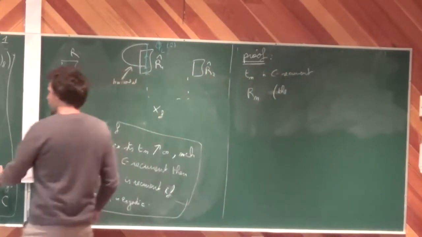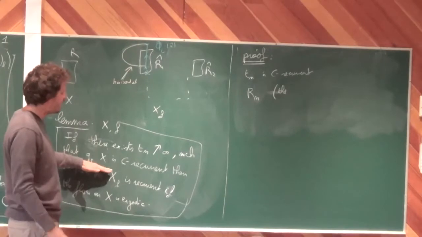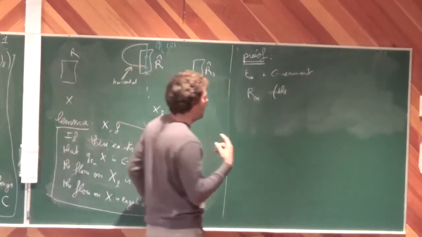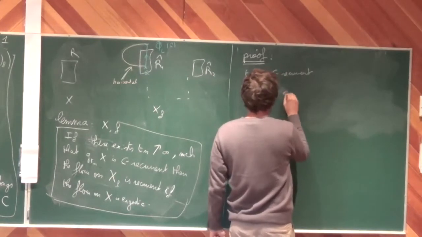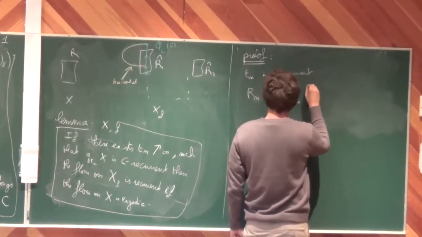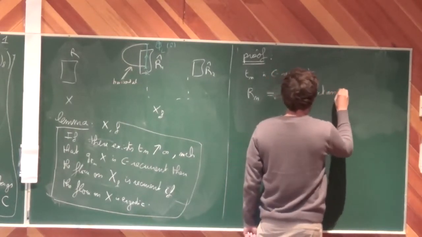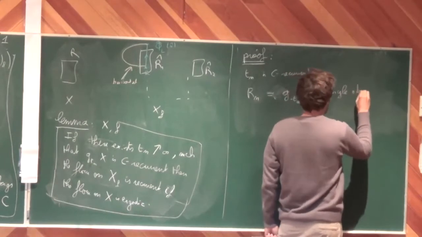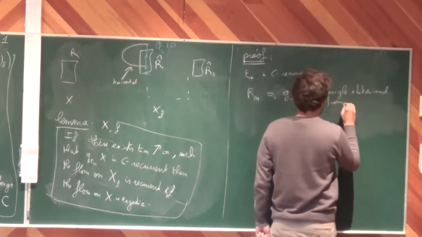From the definition of C recurrence, there is one rectangle for the surface g_{t_n} x, and you just pull it backward by the Teichmüller flow. So this is g_{-t_n} of the rectangle obtained from the definition for g_{t_n} x.